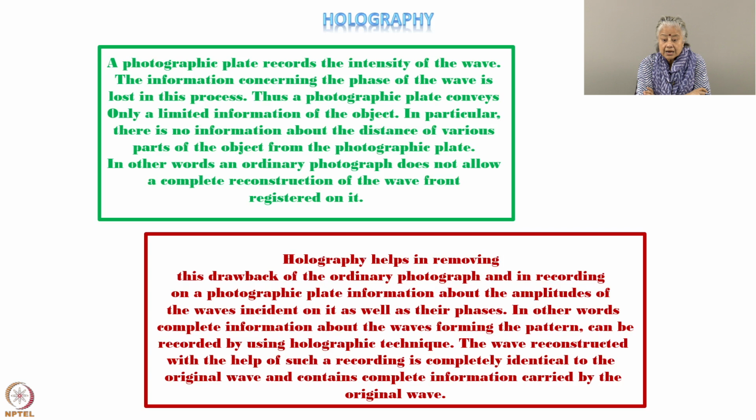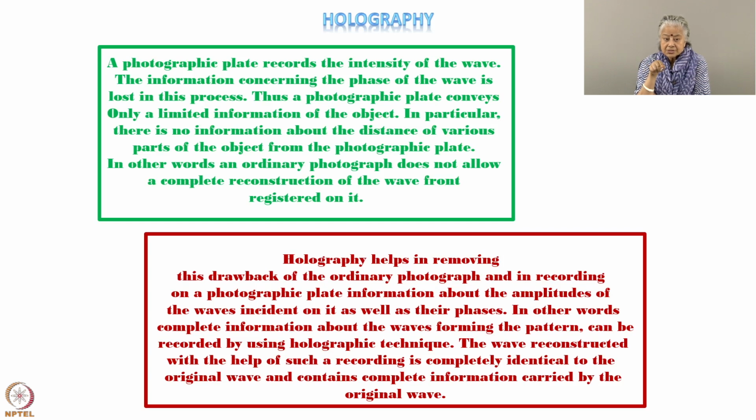So, holography helps in removing this little drawback of the photographic method, and in recording on a photographic plate information about the amplitudes of the wave incident on it as well as their phases. So, the information that was missing in the case of an ordinary photographic plate was the phase part.